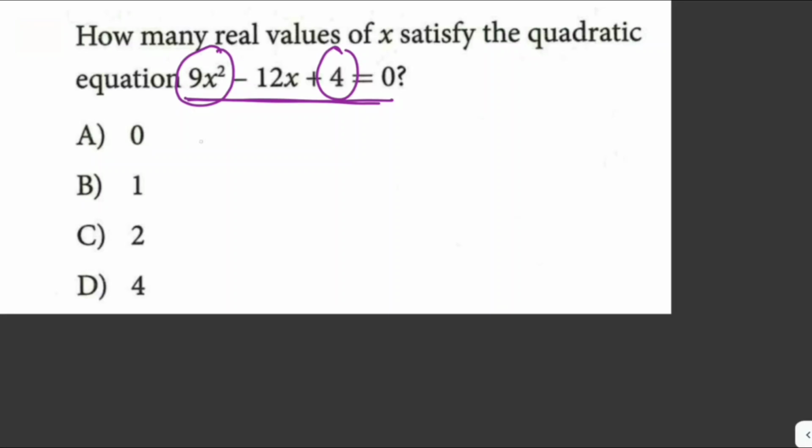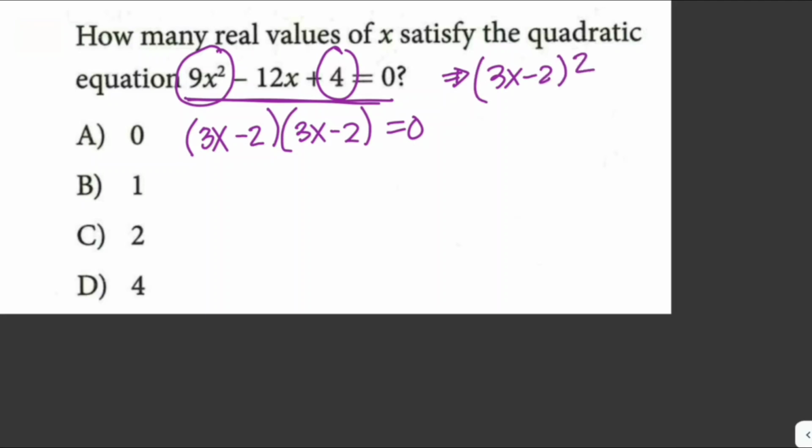So let's just factor this quadratic equation. 9x squared can be written as (3x) squared, and 4 can be written as 2 squared. So we can just write this as (3x minus 2) squared.